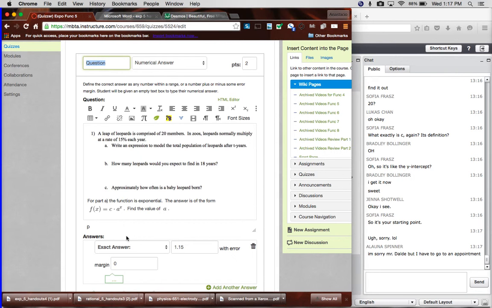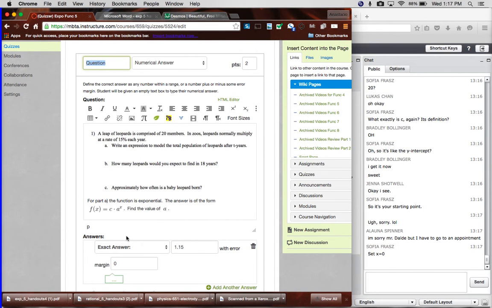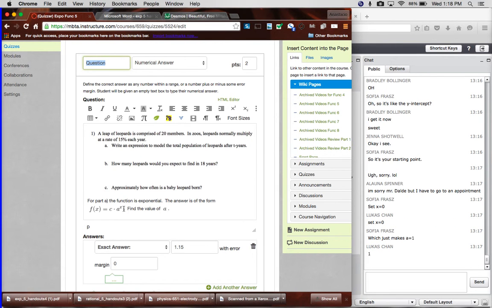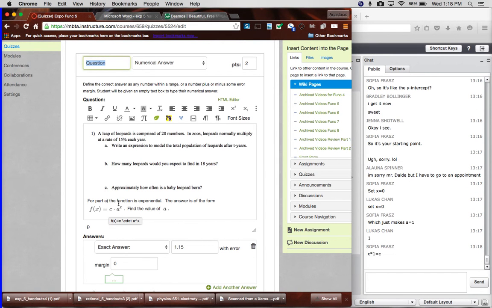It's because to find the y-intercept, what do you do? You plug in x equals 0. If I were to plug x equal to 0 here, a to the 0th power is equal to what? It equals 1. So I have c, which is my stretchy factor, times 1 equals whatever the y-intercept is.